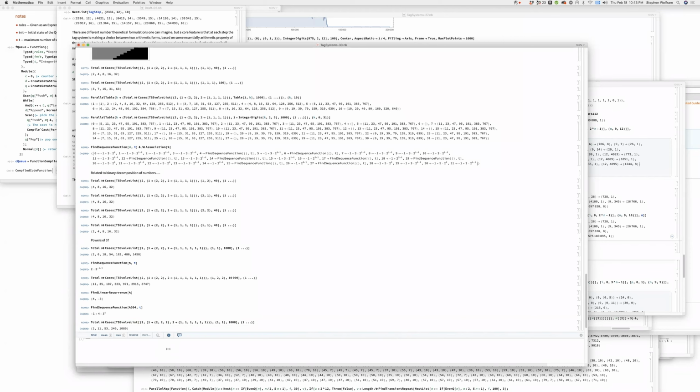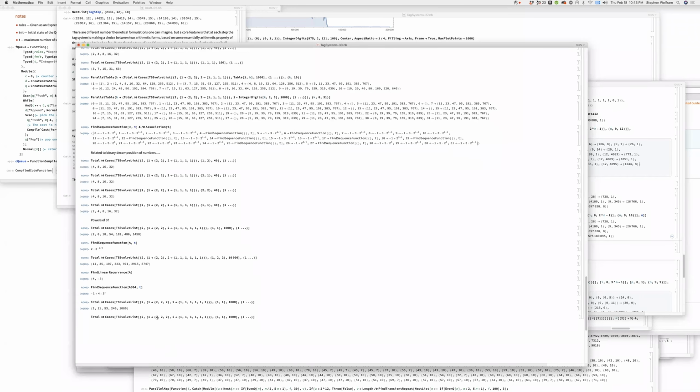So the question is, how do I get pure powers of 3? What we've got right now is 3 parameters. We've got a table of the number of 2s here, a table of the number of 1s there, and a table of the number of 1s here.